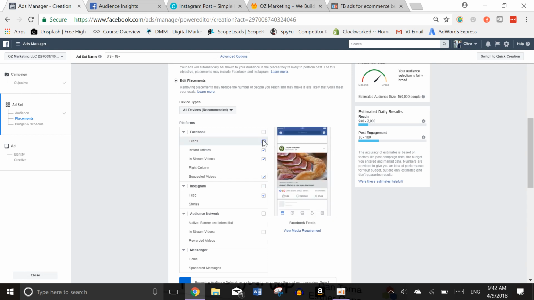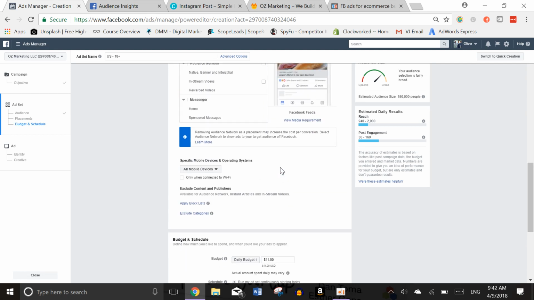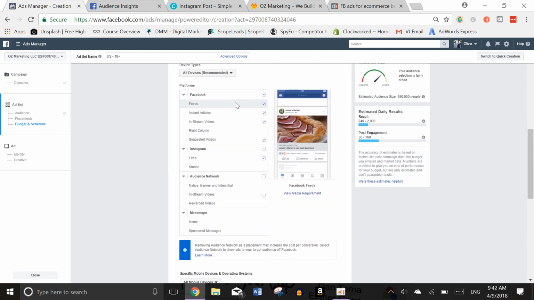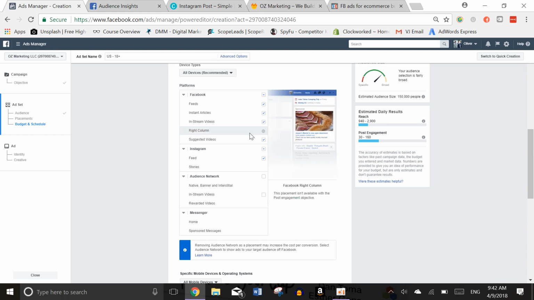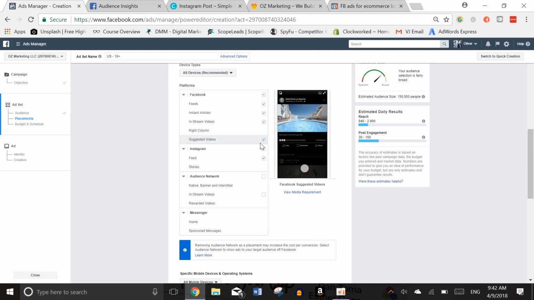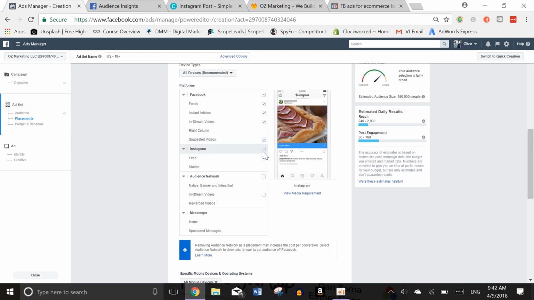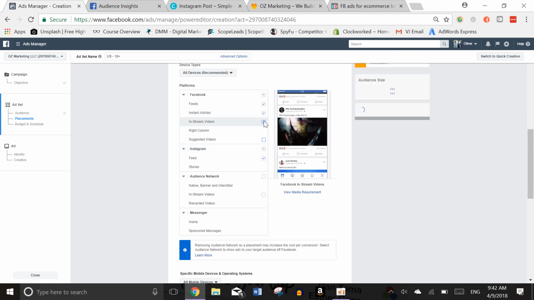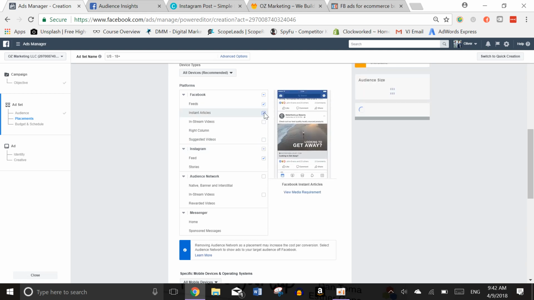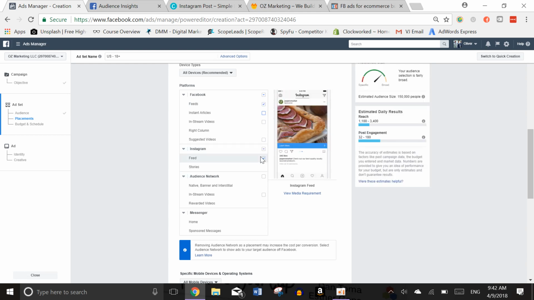So if you look over here, these are all the places where your ad is going to be shown. Okay, it's going to show up on the feed. That's where you want it. Instant articles, in-stream videos, right column. Okay, it's not showing suggested videos. You want to make sure that you're only targeting the feed and the Instagram feed.